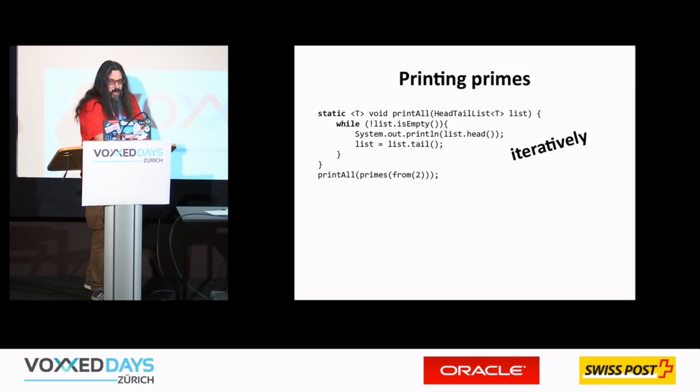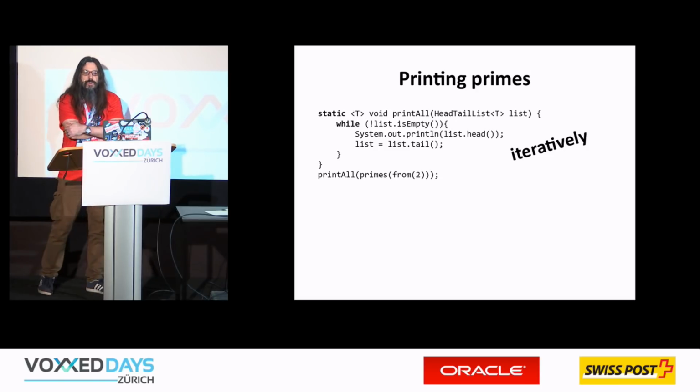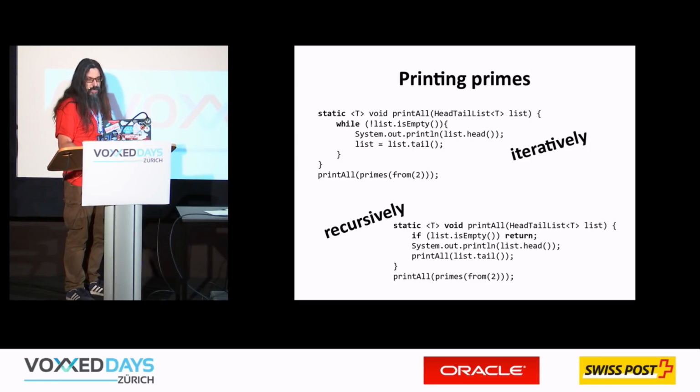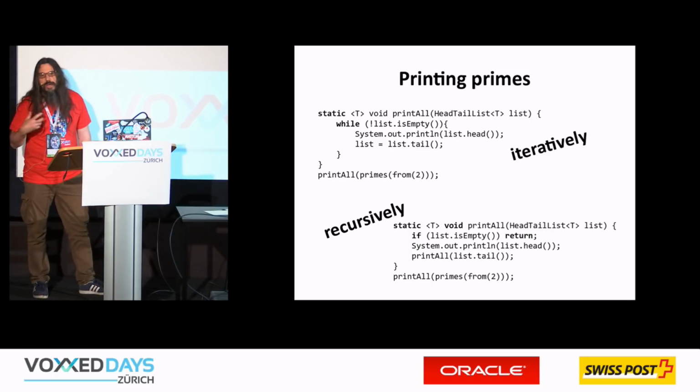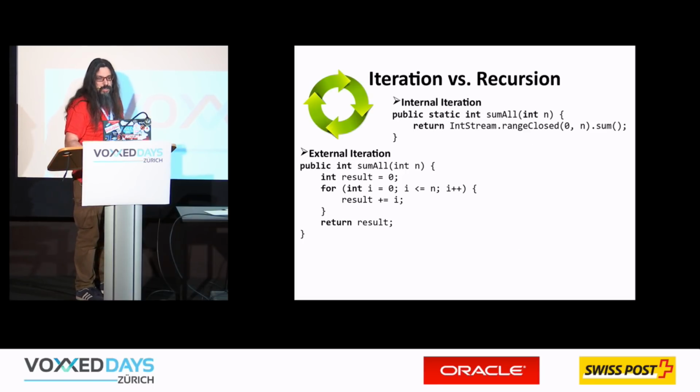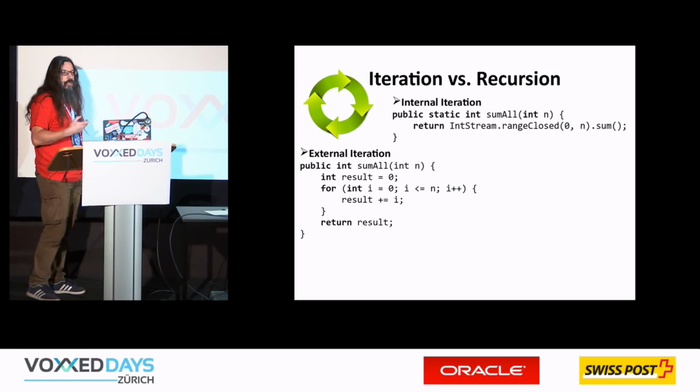One more thing. There are a few ways to traverse a list. Normally, you can do this in an iterative way, but a more functional style is the recursive way. In reality, about iteration, you have two kinds of iteration.